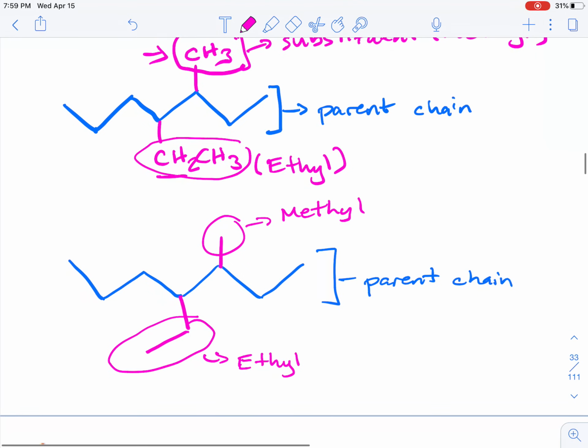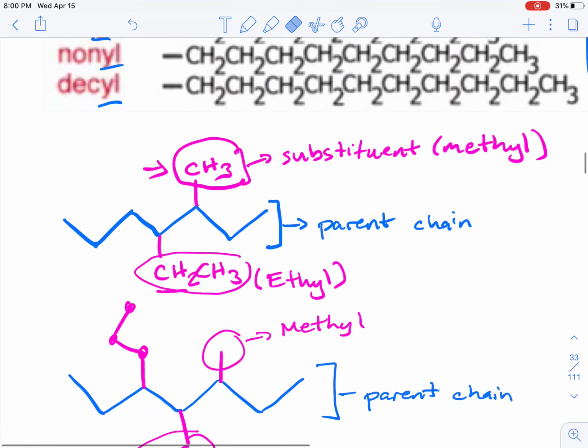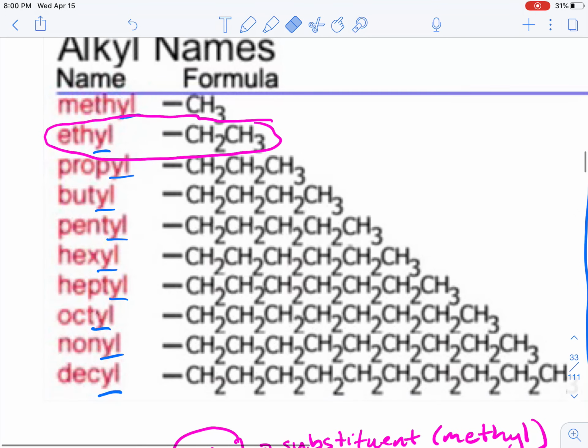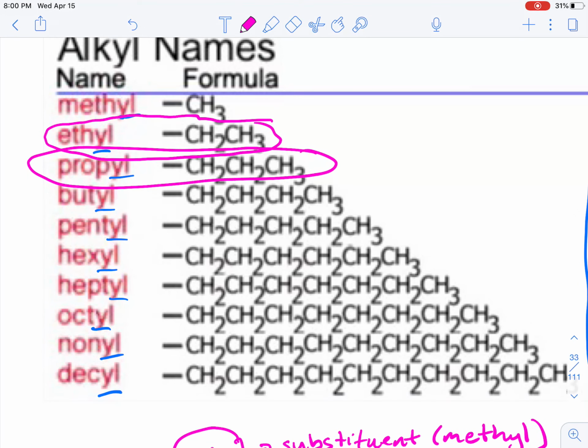Now, if we have something like this, we have 1, 2, and 3. This is a 3-carbon substituent, and a 3-carbon substituent is going to be named propyl.